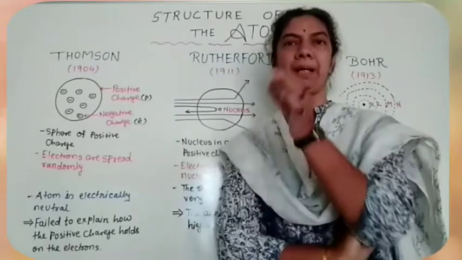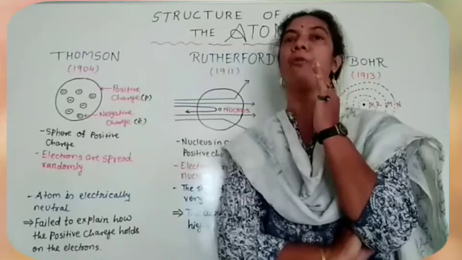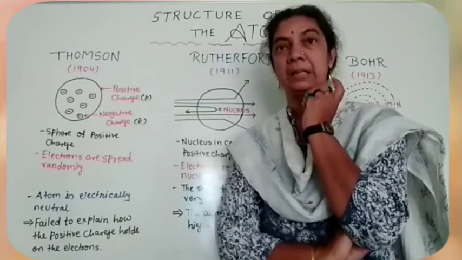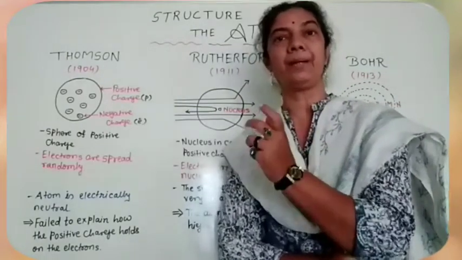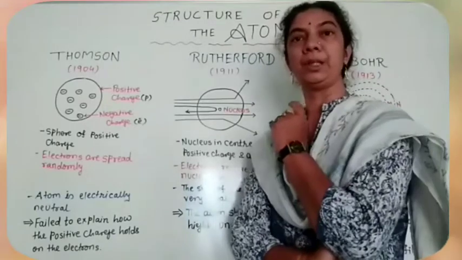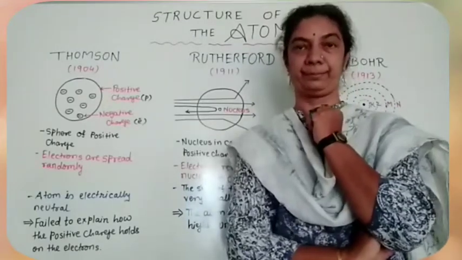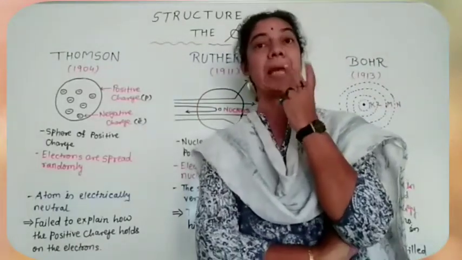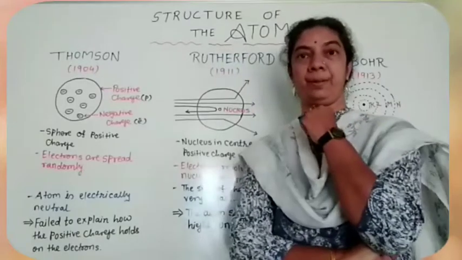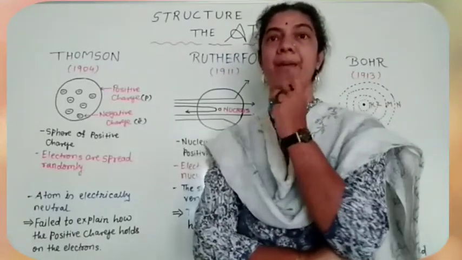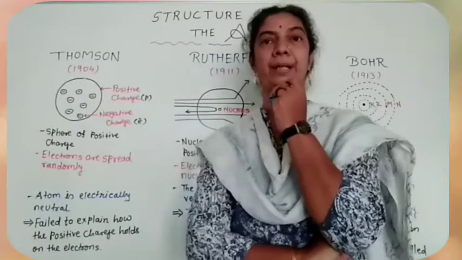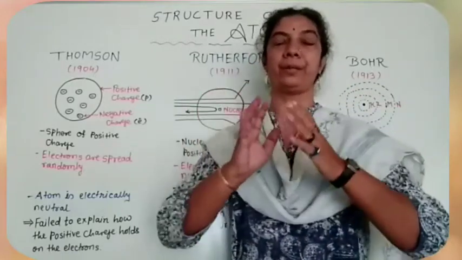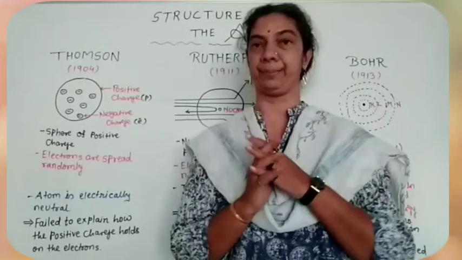So he selected a very thin foil of gold and bombarded heavy, high energy alpha particles on this gold foil. According to the earlier concepts, his assumption was that most of these heavy alpha particles would return back as they would collide with another charge inside the atom.